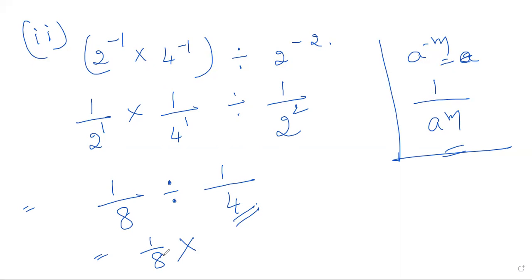Reciprocal means numerator becomes denominator, denominator becomes numerator. That is 4 by 1. Next you can cancel 4 ones, 4 twos. Answer is 1 by 2.